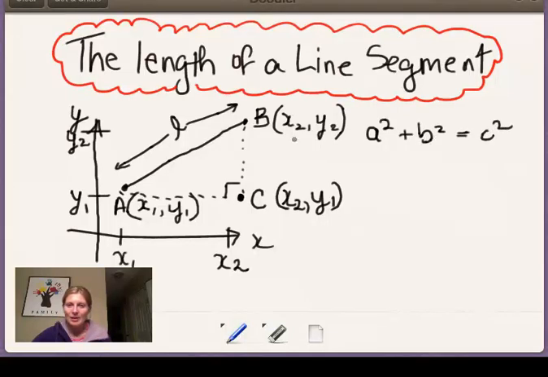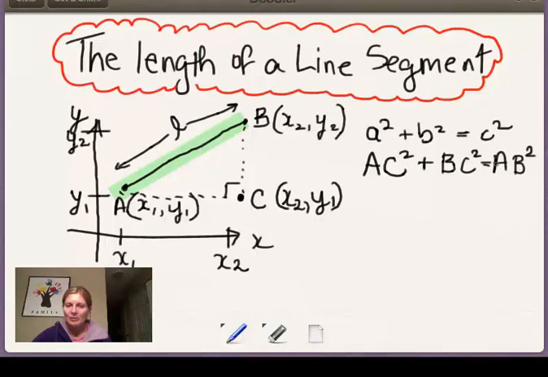So a squared and b squared, of course, those are our legs. Those are our 2 shorter sides. So we're going to call this AC squared. That's this length across here. And we're going to add that to BC squared. And that result, of course, should give us AB squared.